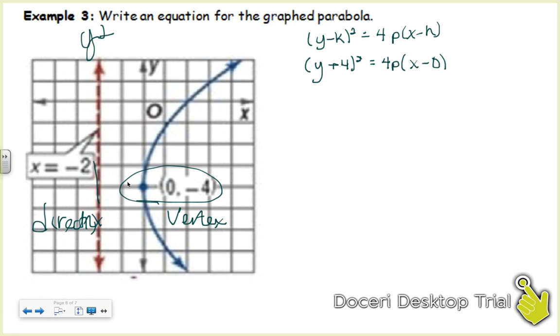Next thing I need to do is calculate the directrix. I can look on the graph and notice that it's a certain value. So I do notice, hopefully you see this, it's right here. Or what I could do is I know the equation for my directrix is x is equal to h minus your p-value. And my h is 0. And I know from my graph that this is -2.